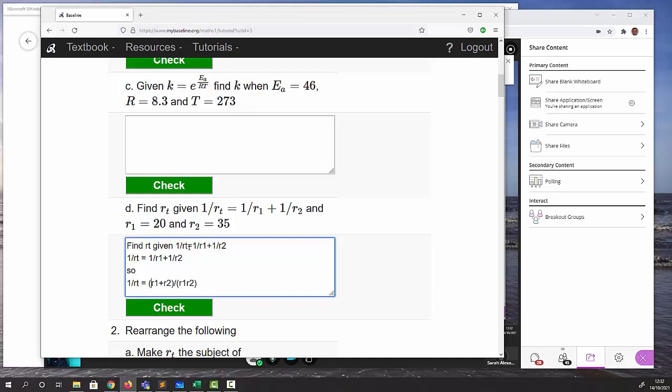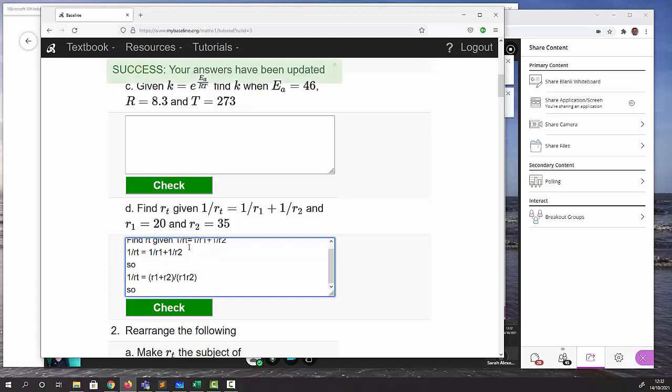So 1 over RT equals R1 plus R2 over R1 times R2, which means that, so I'll probably put another "so" there, and then I would say RT is equal to, and now I can do it the other way, so it's R1 R2 divided by R1 plus R2.